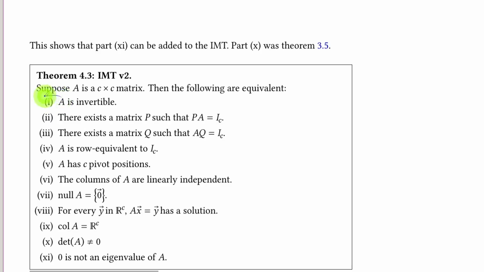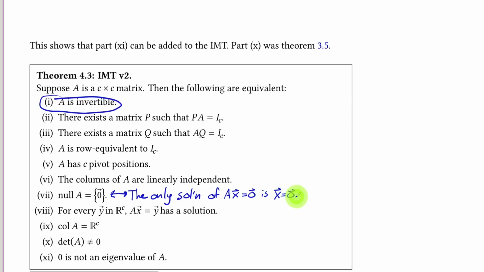and A is invertible is equivalent to the null space of A being just the 0 vector. Another way of saying that is that the only solution of AX equals 0 is the trivial solution x equals 0.